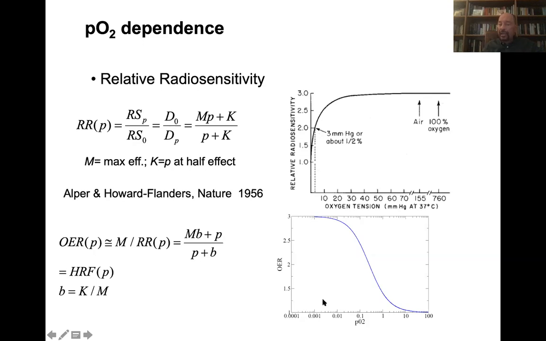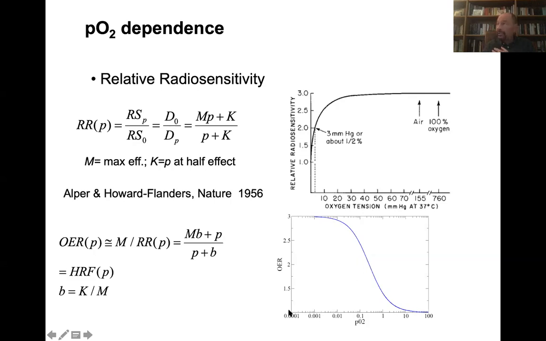So you have an OER that at low pO2 concentration is around 3, and then it goes to 1.